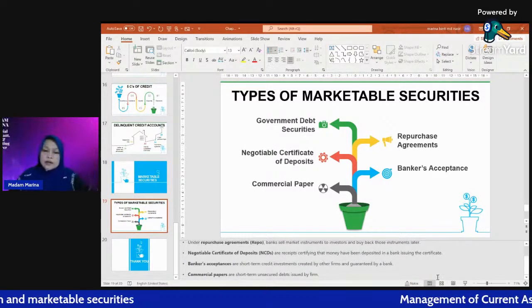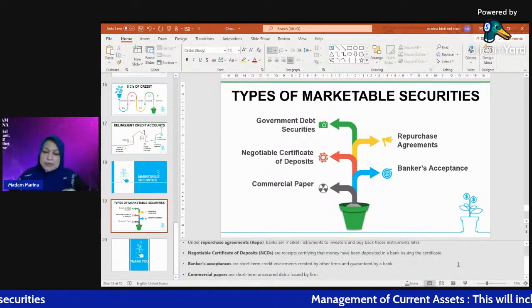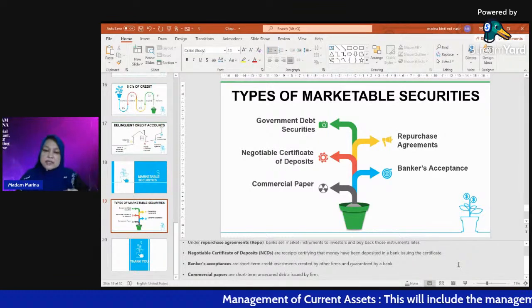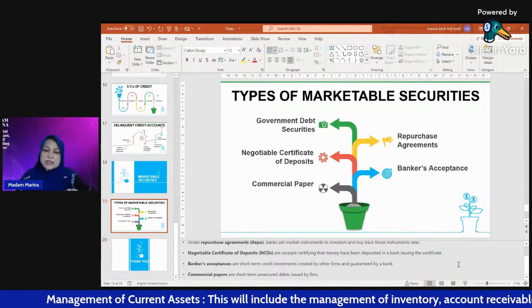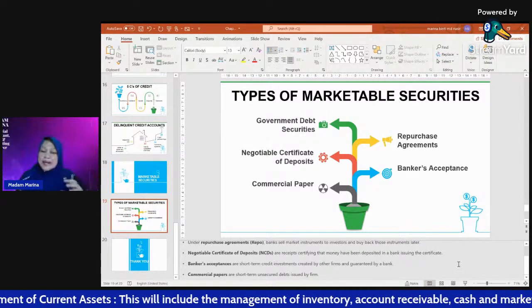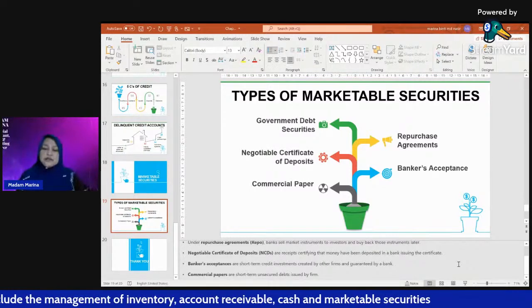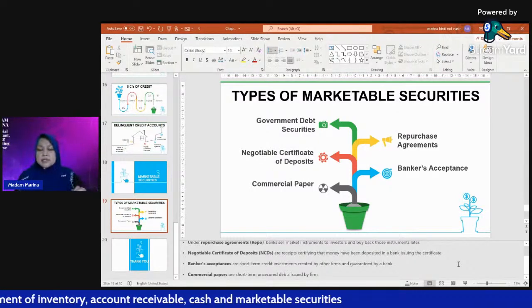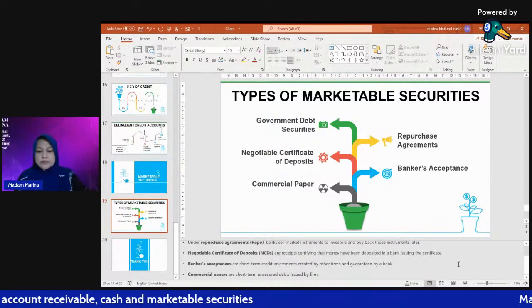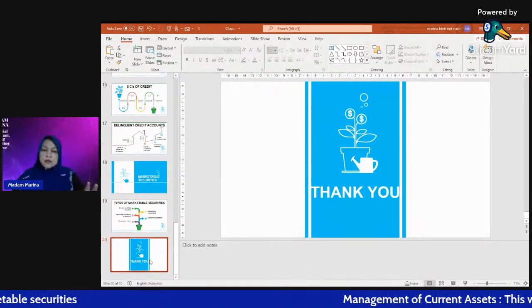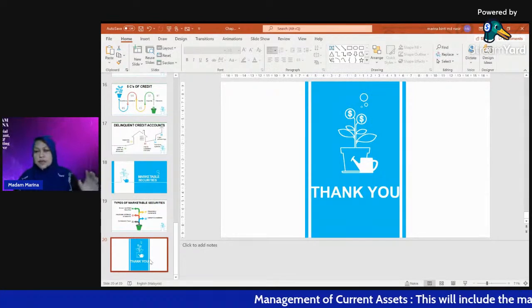Commercial paper, like I explained before, is short-term unsecured debt issued by a firm. Why unsecured? We will explain in the next topic for financing current asset, the difference between unsecured and secured debts. So that's all for today's lesson.